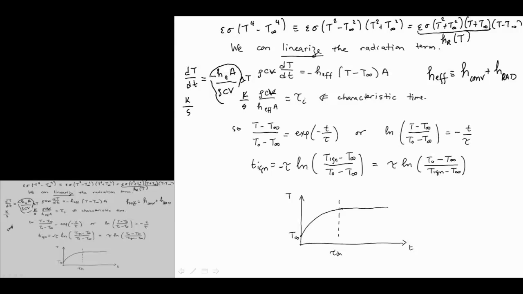So we integrate this once. We get T minus T infinity over T0 minus T infinity, where T0 is the initial temperature.